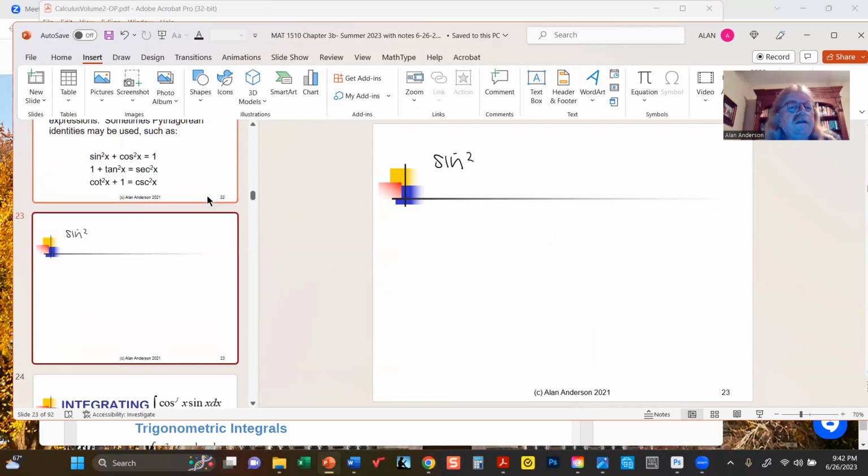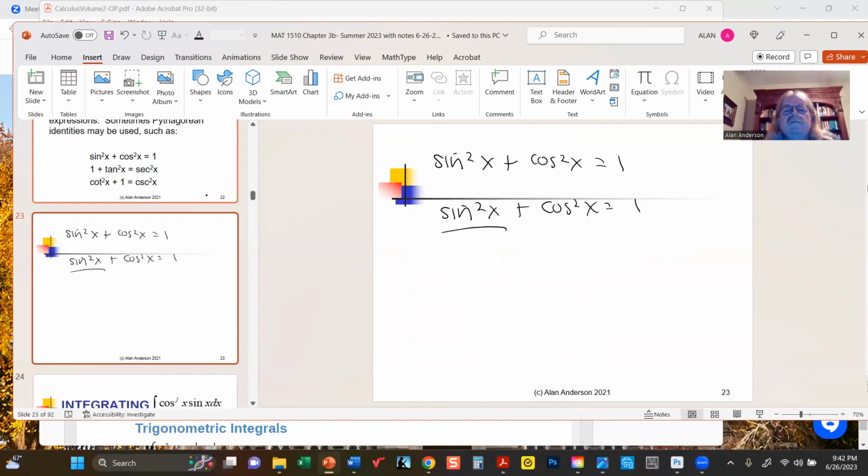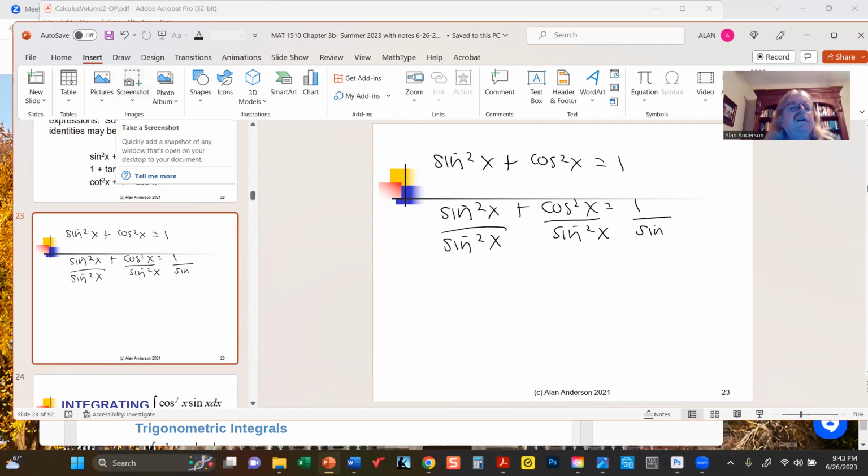So we know already that this is true. What if I were to divide both sides of this expression by the sine squared of x? Oh, I think I have goofed here. I think I was supposed to divide by cosine.